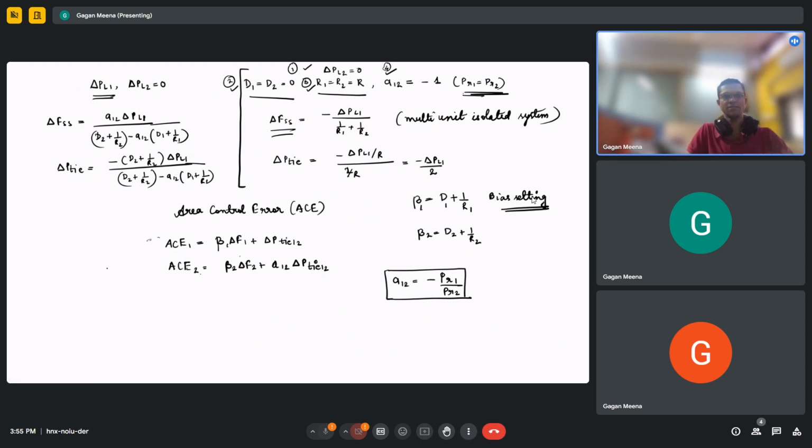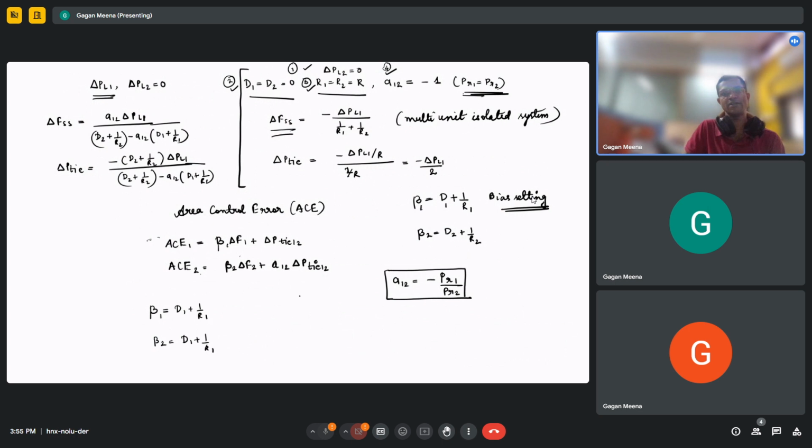So these are some important things. The most important formulas, which you will come across again and again, are these. One is beta, the frequency bias setting. For area 1 it is D1 plus 1 by R1, and combined for two areas it will be beta 1 plus beta 2.